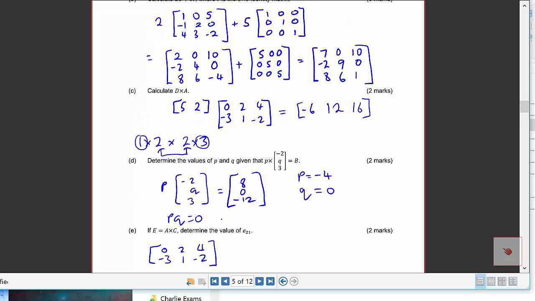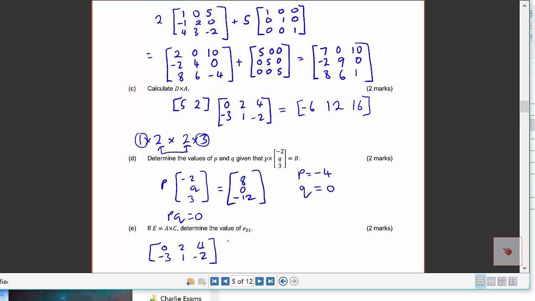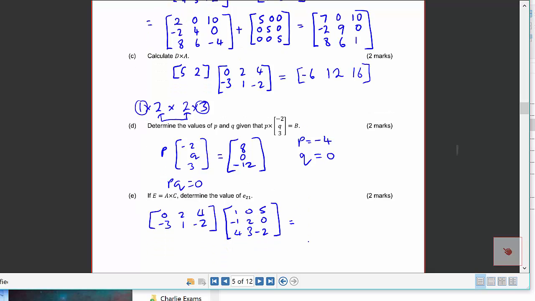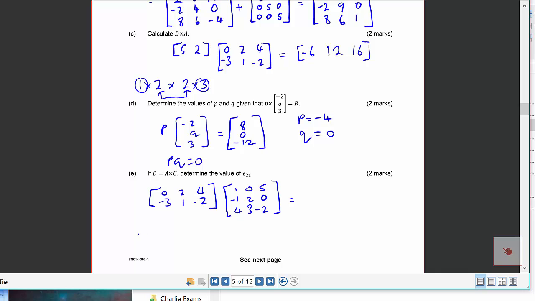And C, that was the square matrix, is 1, 0, 5, negative 1, 2, 0, 4, 3, negative 2. So we're doing a 2 by 3, and we're multiplying it by a 3 by 3. So we can do this, and our product will be 2 by 3.